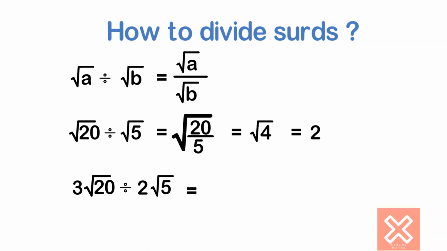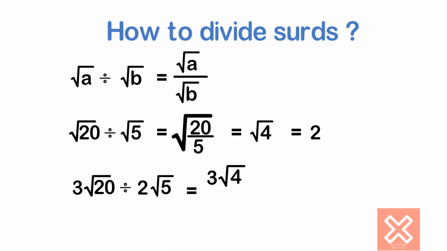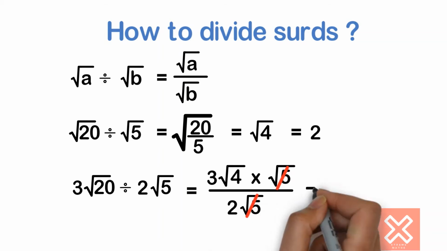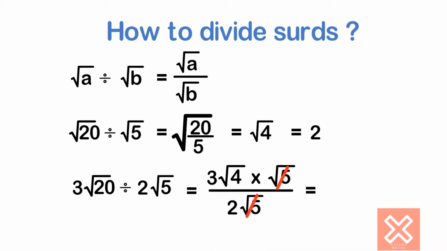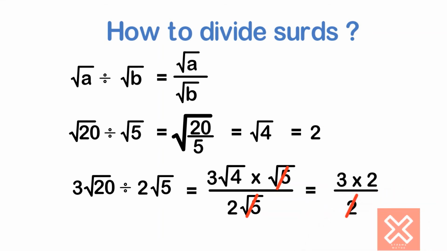You can write 3 times √4 times √5, divided by 2√5. Now look here: over the line √5, below the line √5. This √4 is a perfect square, so 3 times 2 over 2. The answer is 3.